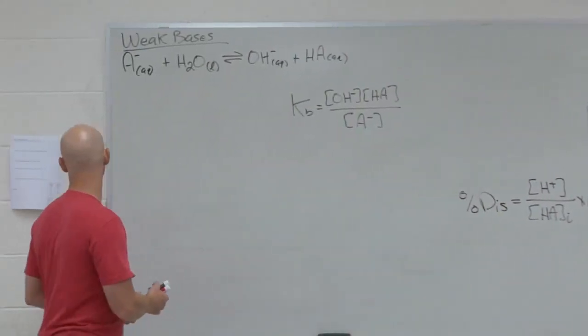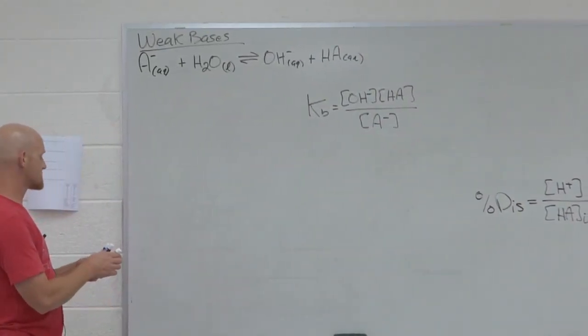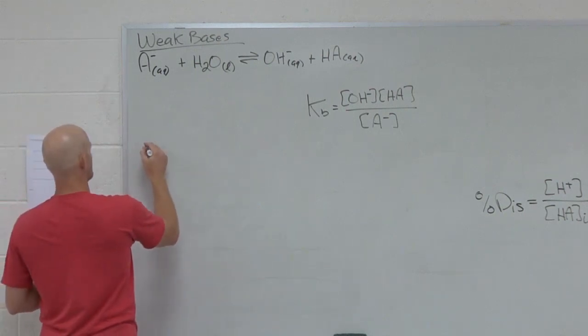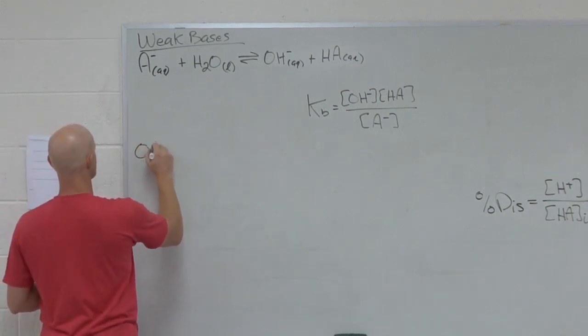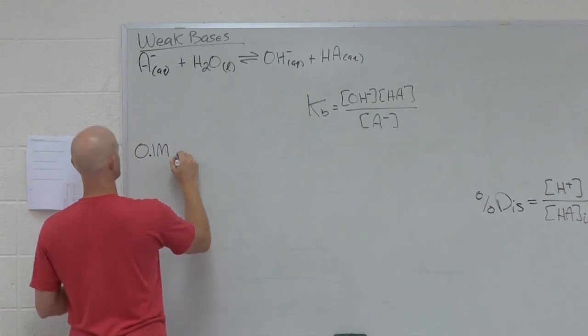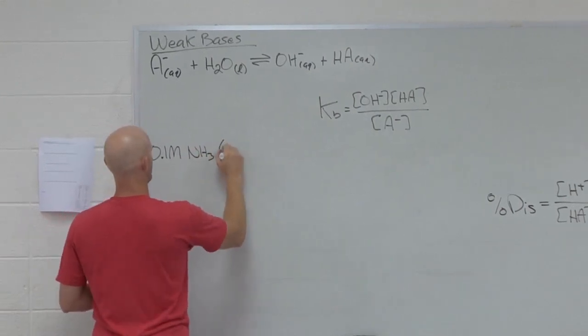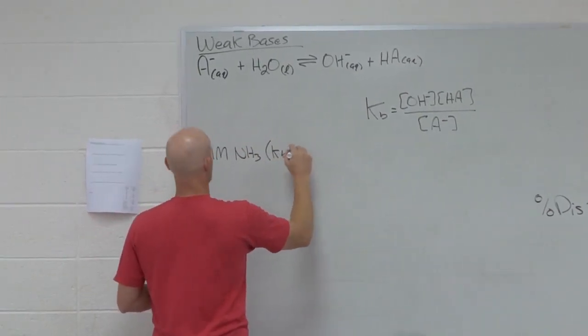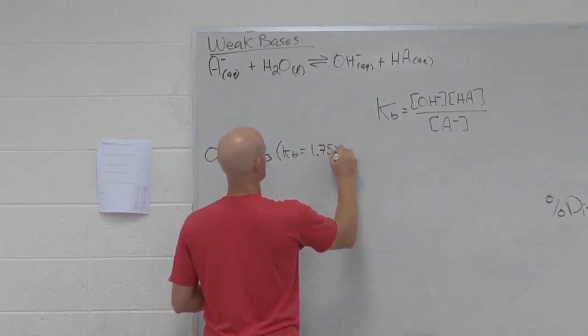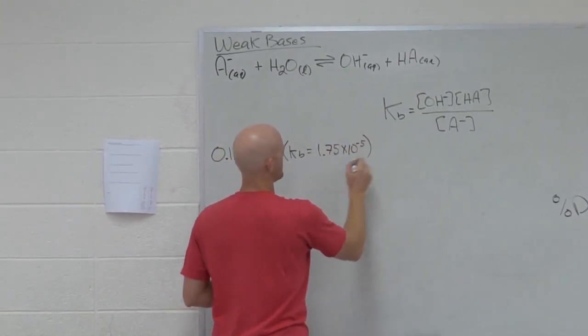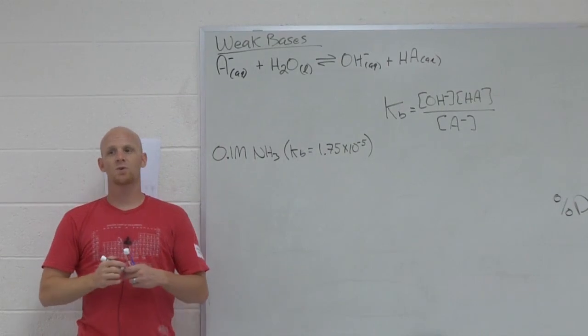Okay, the next question on your handout, part D, says what is the pH of a 0.1 molar solution of ammonia, and it gives you the Kb as 1.75 times 10 to the negative 5. Let me ask you a question.